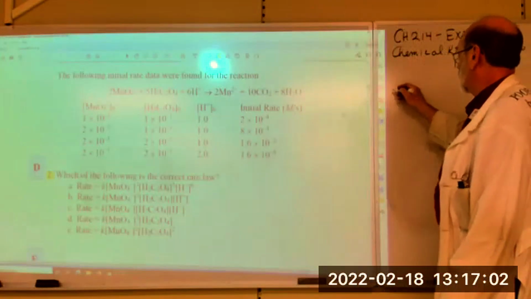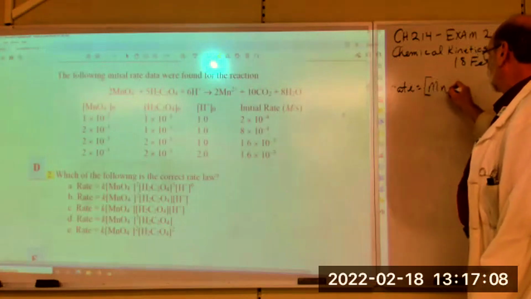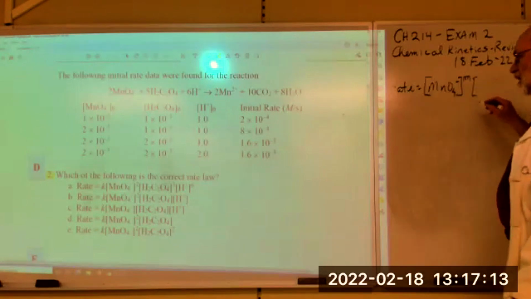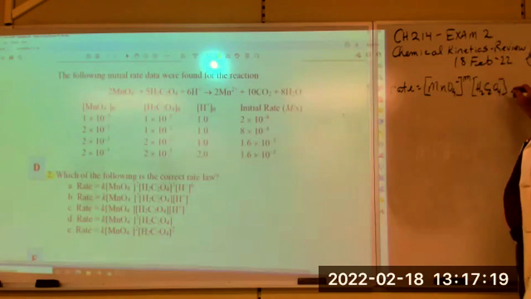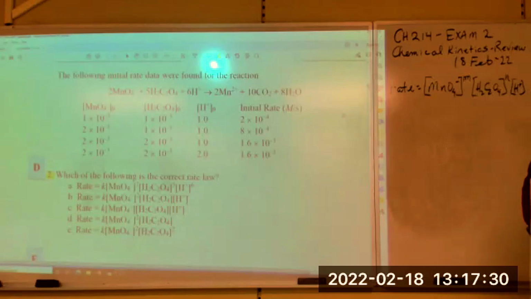The rate equation would be K times MnO4 minus to some power, and then the oxalic acid, and then the last one, which I'll call MnL, because I don't want to say O, that looks too much like a zero.